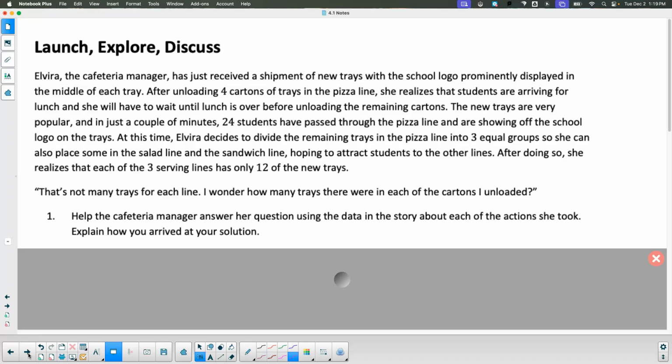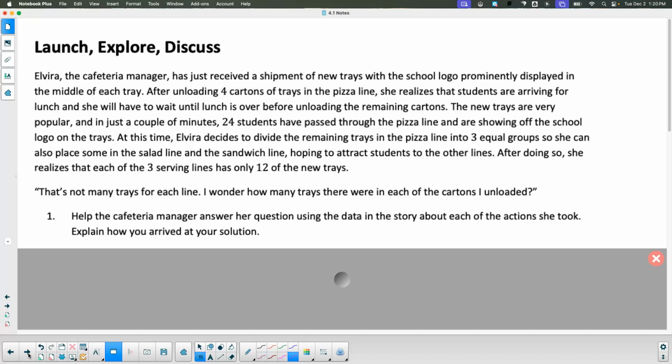The new trays are very popular, and in just a couple of minutes, 24 students have passed through the pizza line and are showing off the school logo on the trays. At this time, Elvira decides to divide the remaining trays in the pizza line into 3 equal groups, so she can also place some in the salad line and the sandwich line, hoping to attract students to the other lines. After doing so, she realizes that each of the 3 serving lines has 12 new trays.